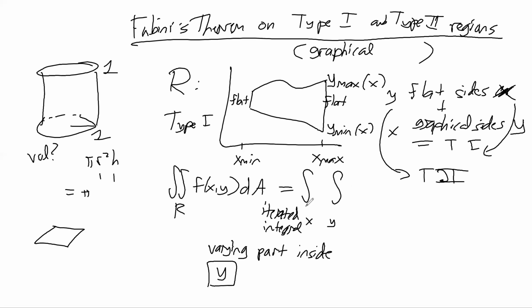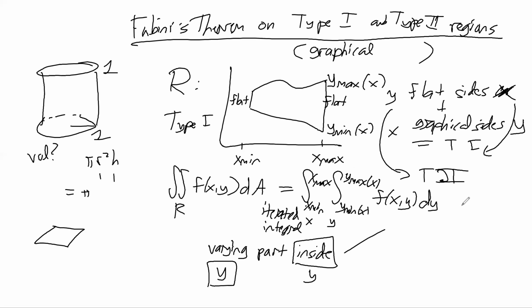So that means y min of x goes in the bottom, y max of x goes on top, x min goes in the bottom, x max goes on top, and everything else is the same. So inside, if y is on the inside, that means dy has to be here, and that leaves you dx out here. Okay, so this says first do y.